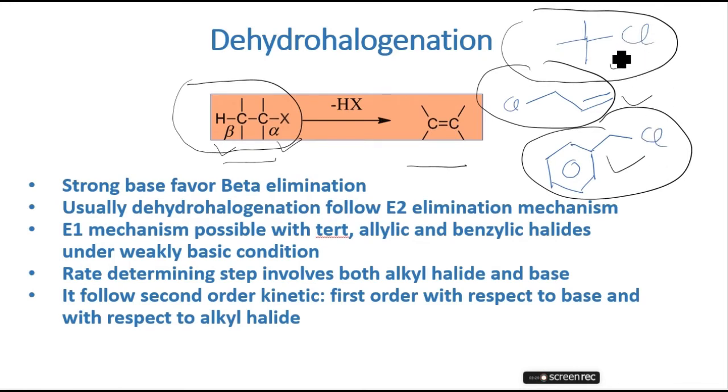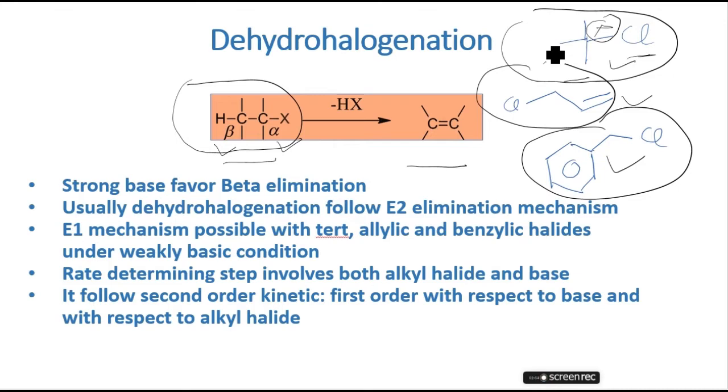Why? Because in the E1 elimination, first the carbocation is generated and then the alkene is formed. So in this tertiary alkyl halide, the chlorine will leave as Cl negative, the plus charge will be here, and this will be the tertiary carbocation. You know, a tertiary carbocation is more stable, so there is the possibility of the E1 mechanism. Why can E2 not happen?